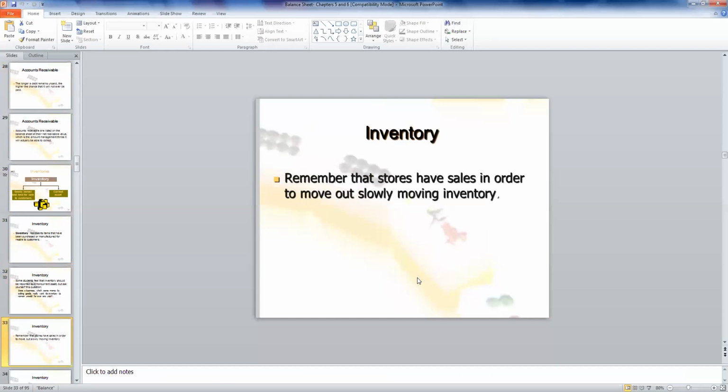So what happens when inventory is slow moving? Typically we have to mark it down to get it out of our inventory. And the worst case is we'd have to write it off. Now, the biggest problem is if I have perishable inventory.